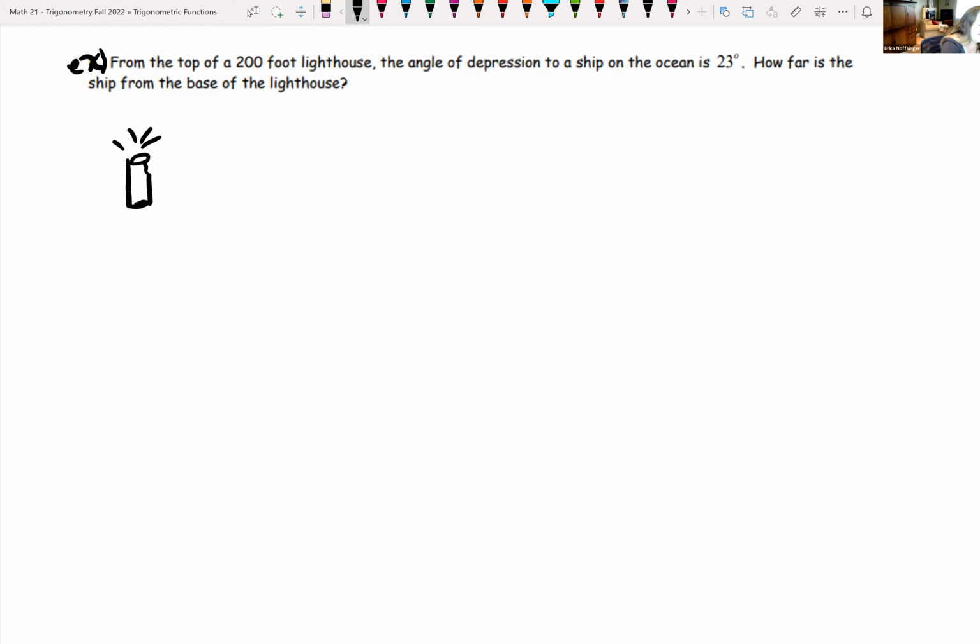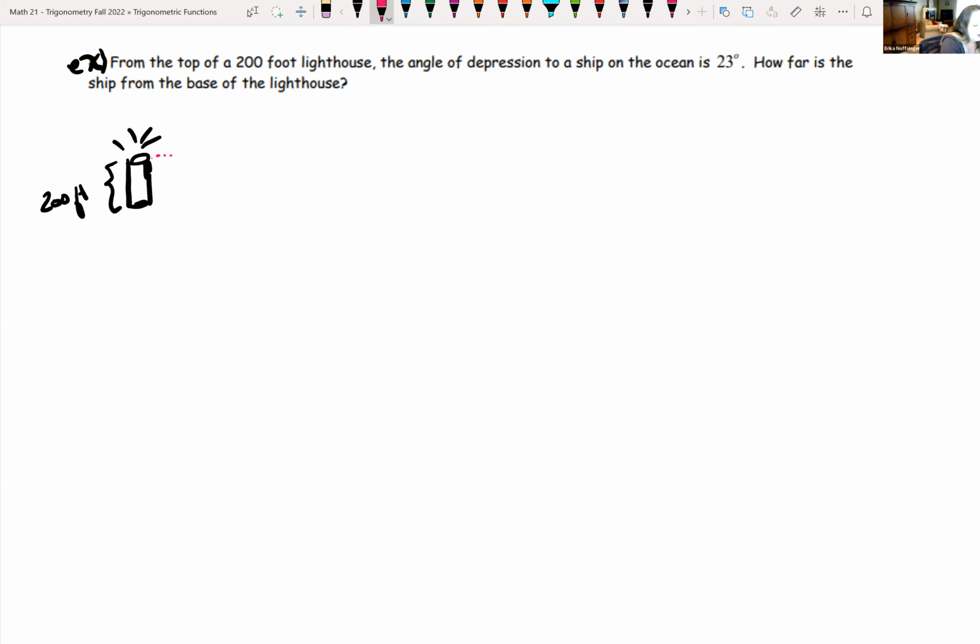We know that the length, or height, of that lighthouse is 200 feet. So it says from the top of the lighthouse, an angle of depression.